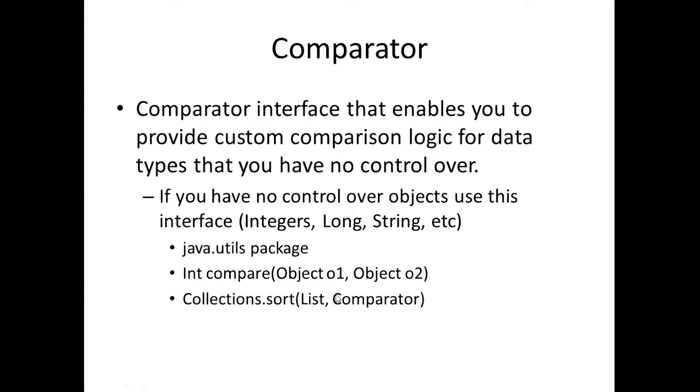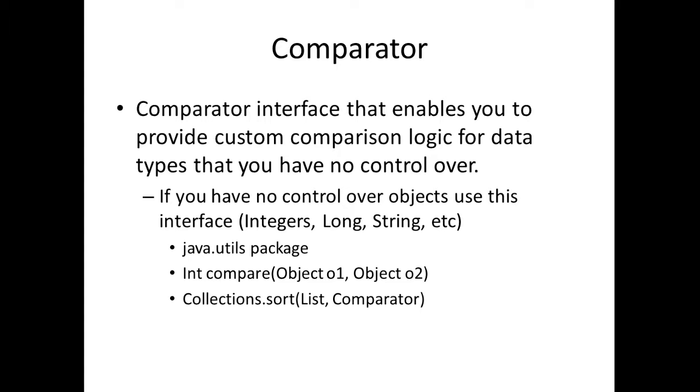If you were to call the collections.sort and pass in, let's just say, an array list of strings, then the list would be sorted in alphabetical order. Whereas if you were to have an array list of integers and call the collections.sort, these integers would be sorted in ascending order.